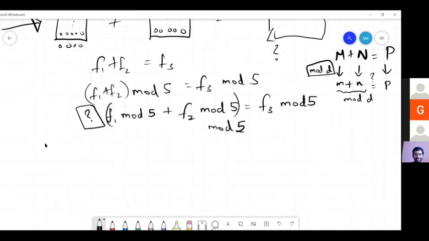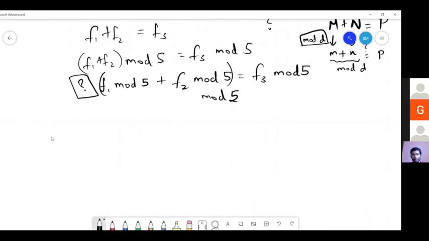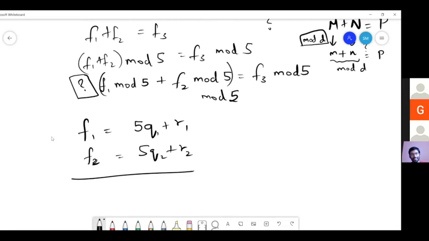Let's say F1. Let's take 5 as the divisor. So F1 can be written as 5 Q1 plus R1, where Q1 is some quotient. And F2 is 5 Q2 plus R2. So you can directly add these two.